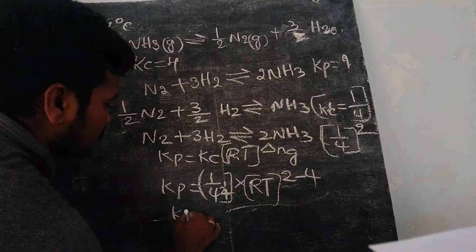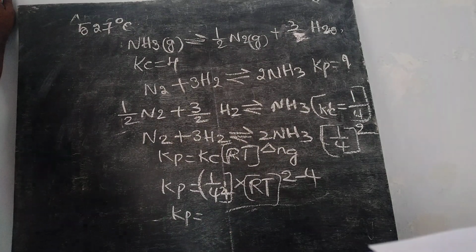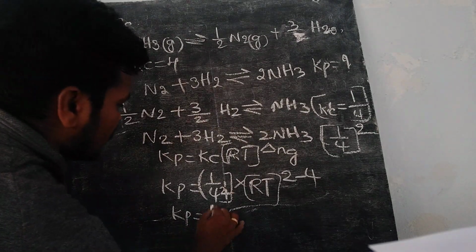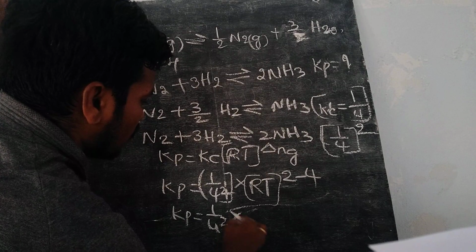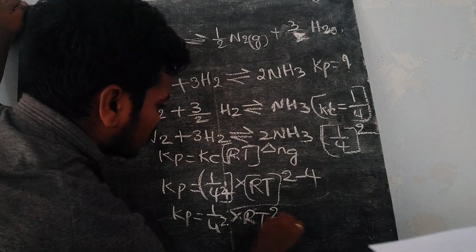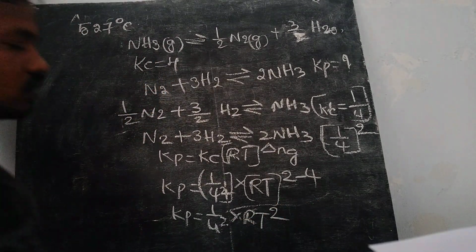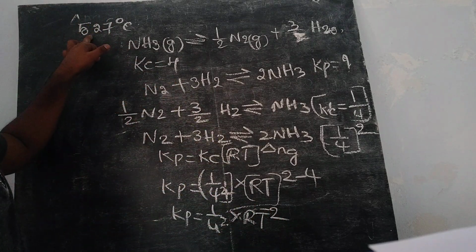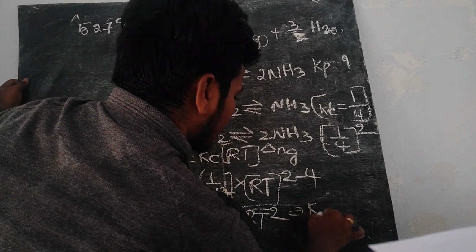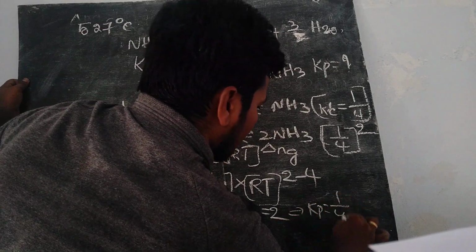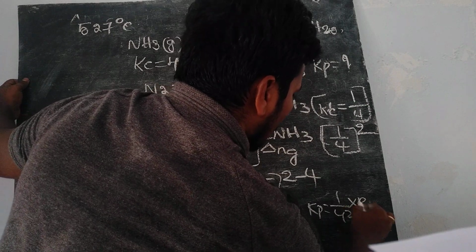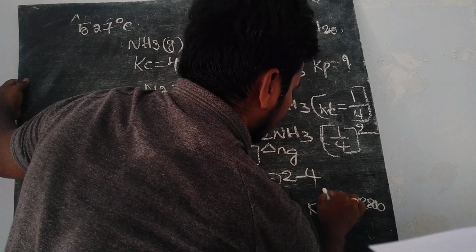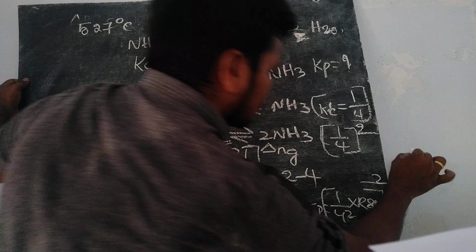So for this reaction Kp is 1 by 4 whole square into RT to the power minus 2. The temperature is 527 plus 273, which is 800. So Kp is equal to 1 by 4 square into R times 800 to the power minus 2.